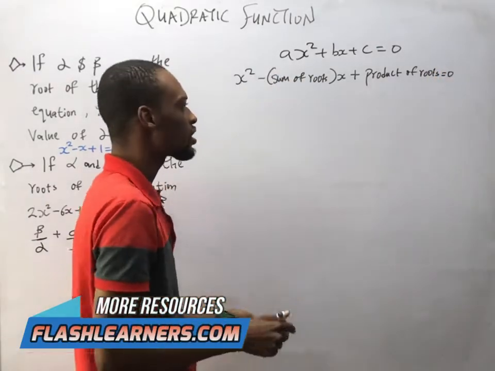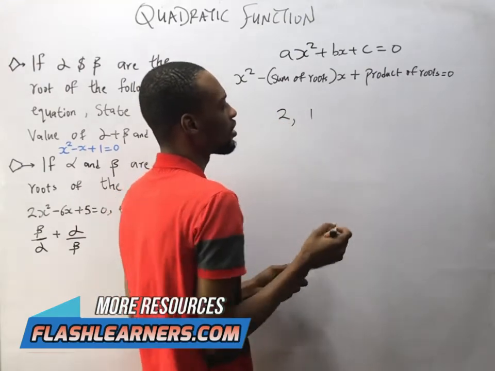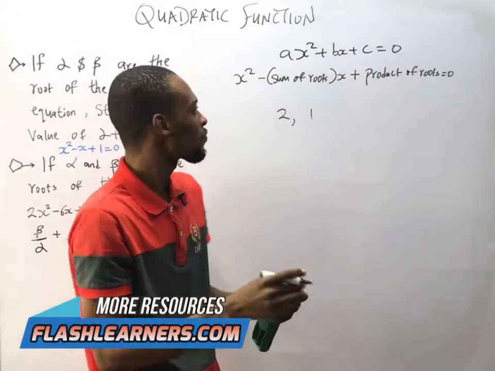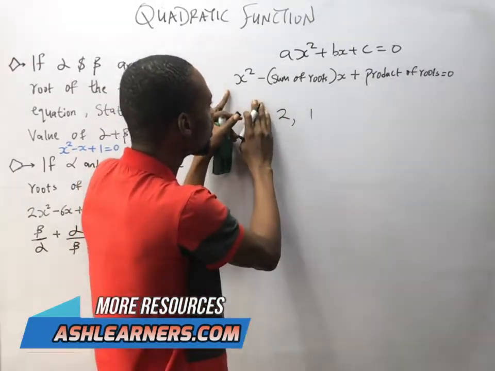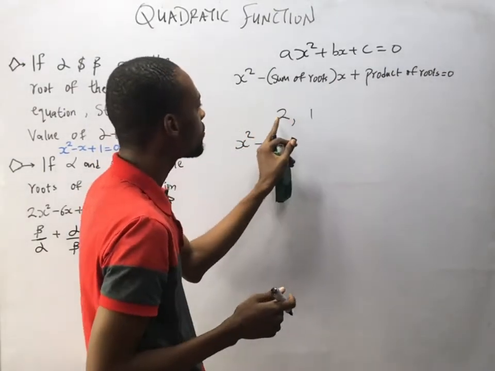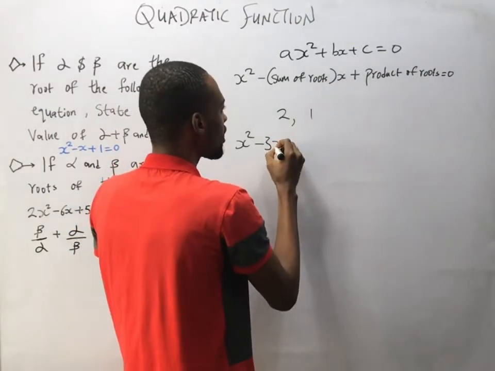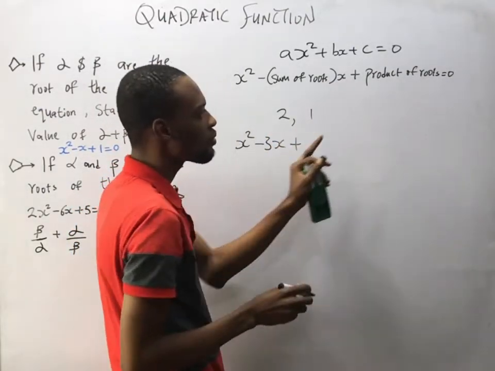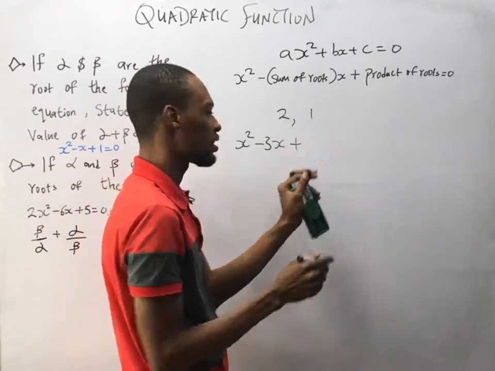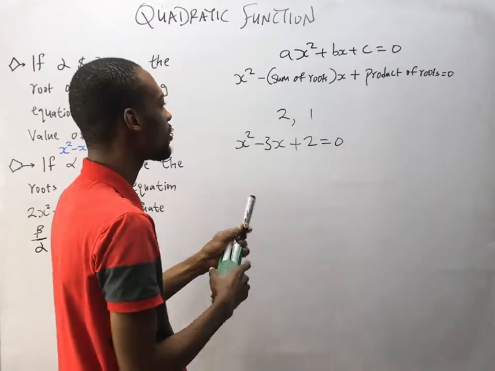So if I say let the roots of a quadratic equation be 2 and 1, find the quadratic equation, it's simply to substitute into this formula. So it becomes x squared minus the sum of roots, which is 2 plus 1, which is 3, times x, that's 3x, plus the product of roots, which is 2 times 1, 2, equals 0. So this is how you go about that.